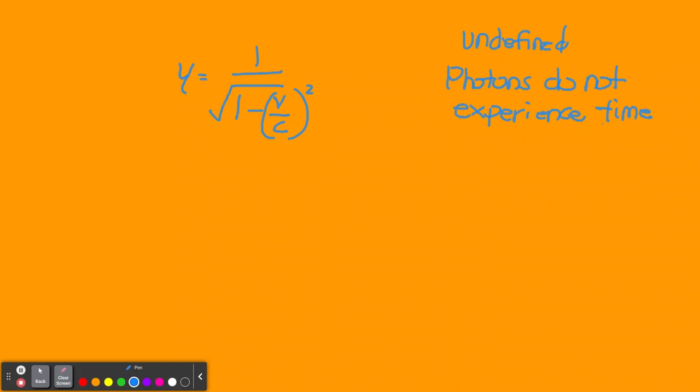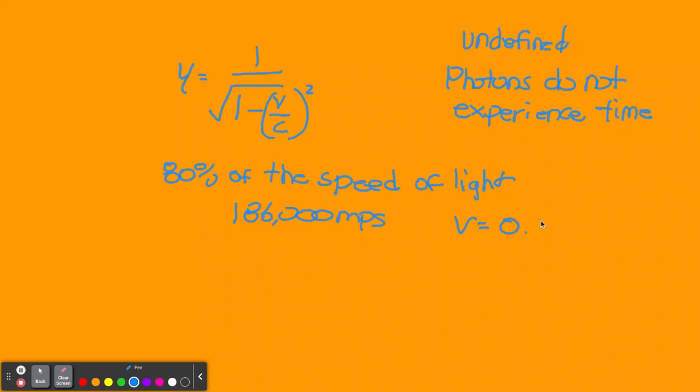So let's now say that we're in a spaceship and we're going 80% of the speed of light. And remember, the speed of light is 186,000 miles per second. So if we say 80%, we're saying our velocity would be 0.8 c, 80% the speed of light.